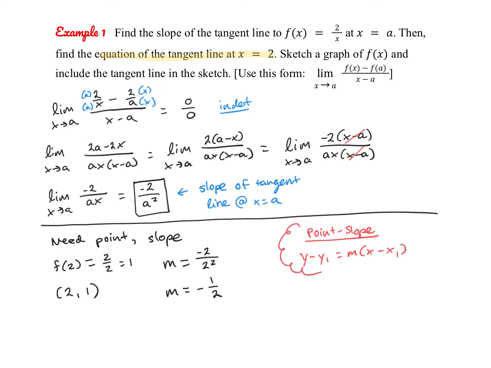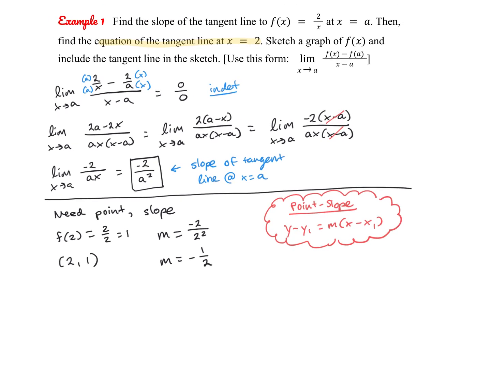So this is a really important formula to remember. We learned it way back in Algebra 1, but it's popping up again in calculus. So let's substitute what we know. So here's the equation of our tangent line when x is equal to 2.